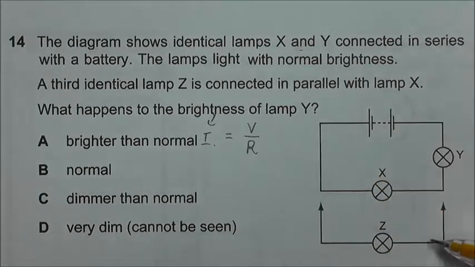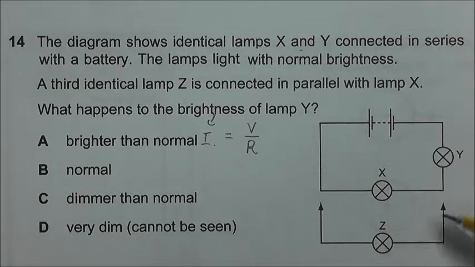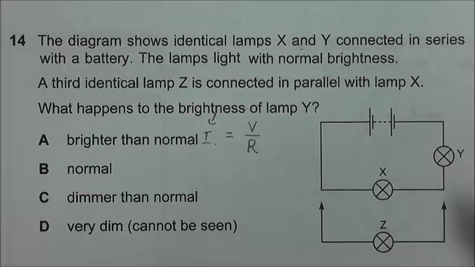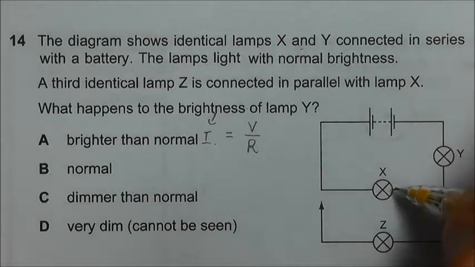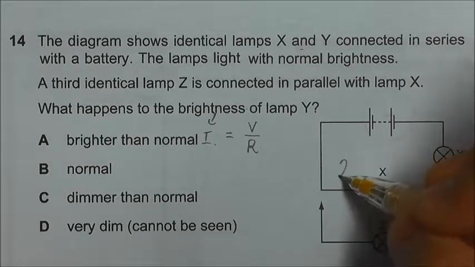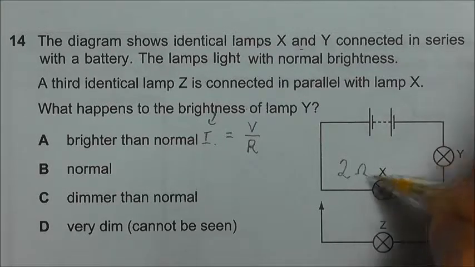So when Z is being connected in parallel with Y, it changes the resistance of the entire circuit. Okay, so in this case, let us check what is the change. Let us give each lamp an arbitrary resistance. Let's say it's 2 ohm.